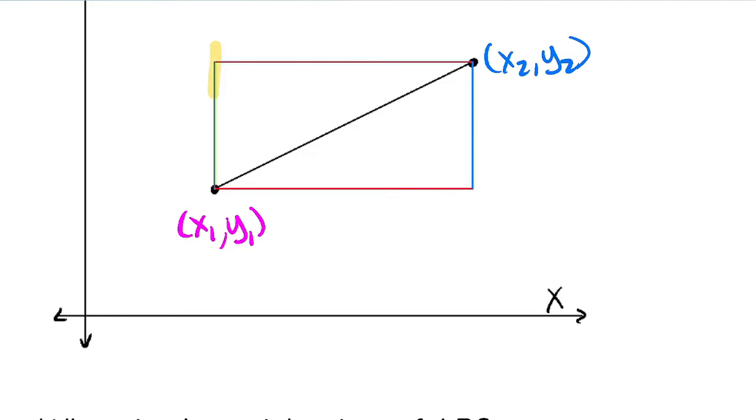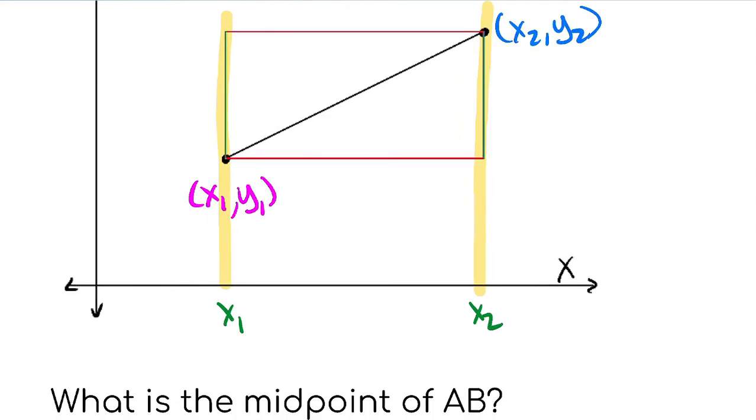So if we look at the left side of this rectangle and the right side of this rectangle, what those are to help us represent is the fact that these are using the x values. So we have x1 and x2, and so that is giving us the distance between them. So we want to find the distance right in the middle of them. What we would do is average those numbers.